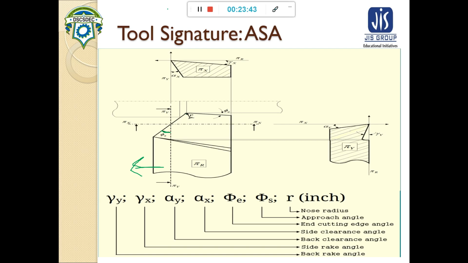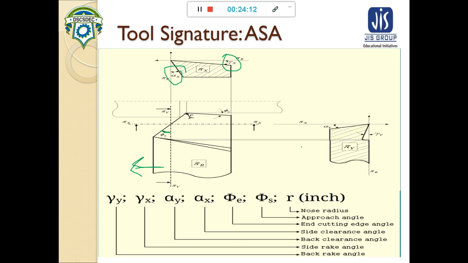So we can see this angle, gamma x and alpha x. Gamma x is the end or side rake angle, and alpha x is the side clearance angle.